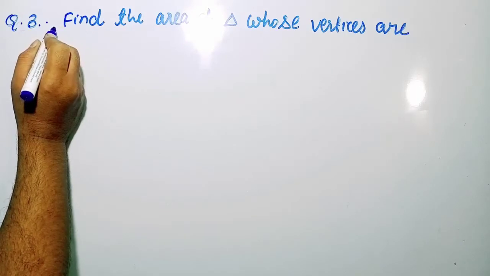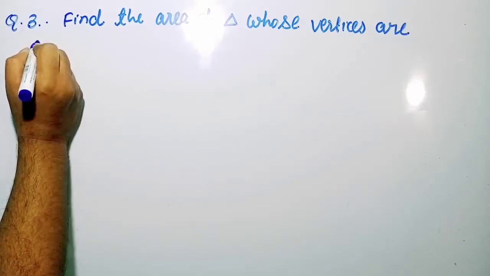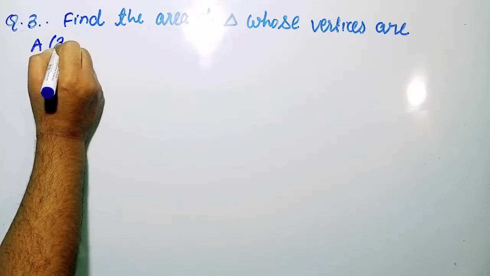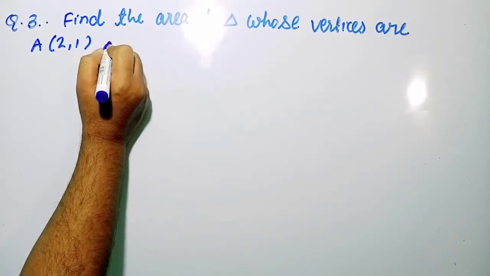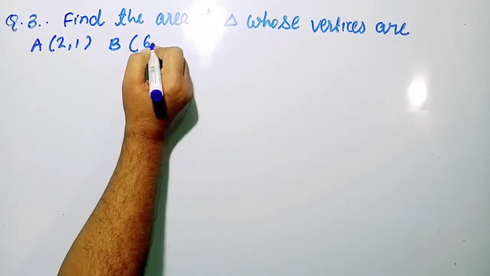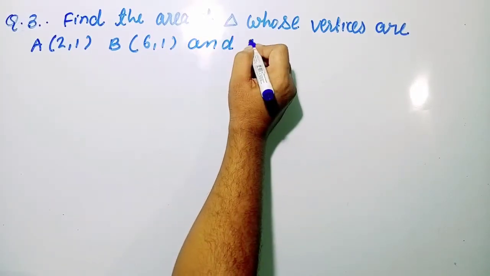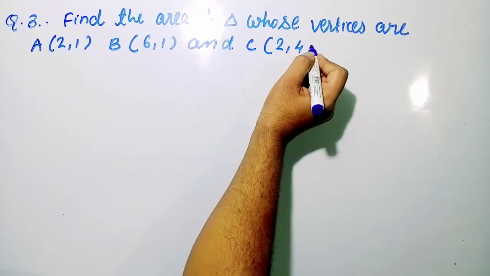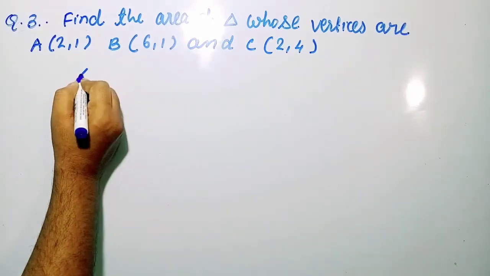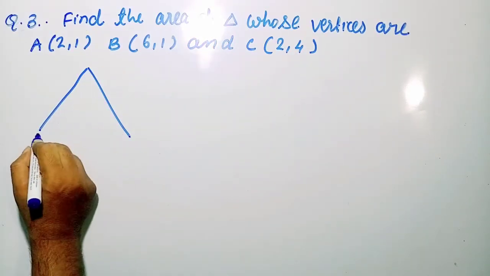Question number 3. Find out the area of triangle whose vertices are A (2, 1), B (6, 1), and the coordinate point of C is (2, 4). Okay students, so drawing the triangle ABC.